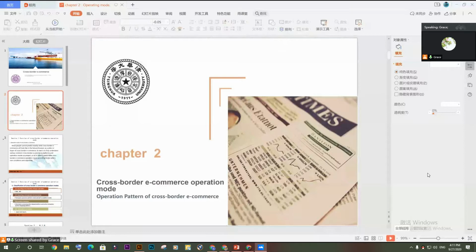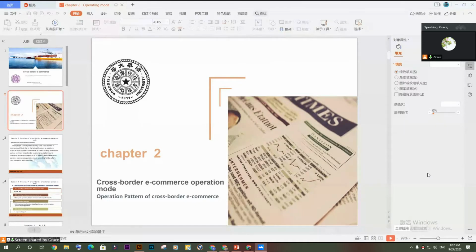Of course, there are some other modes, just like C2C, M2C, F2C, and we have learned B2A.